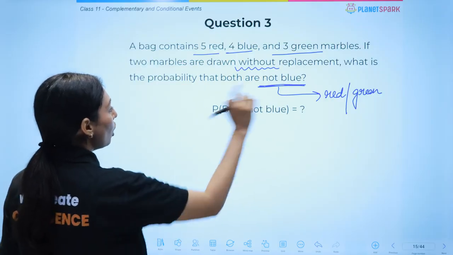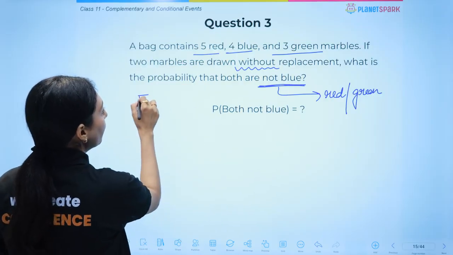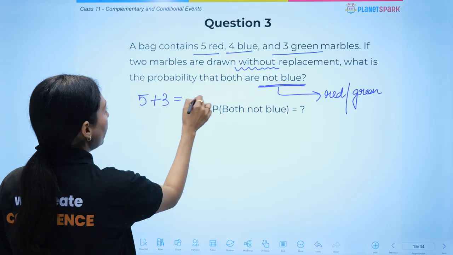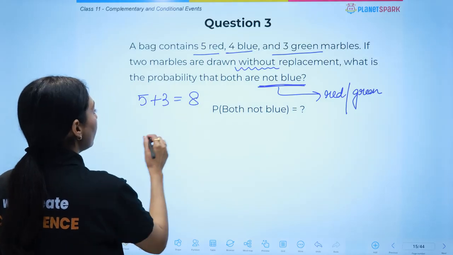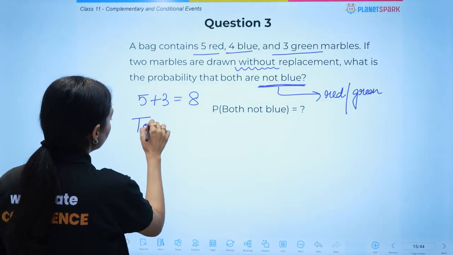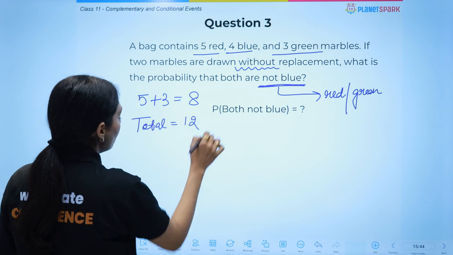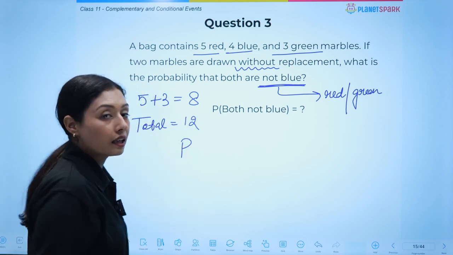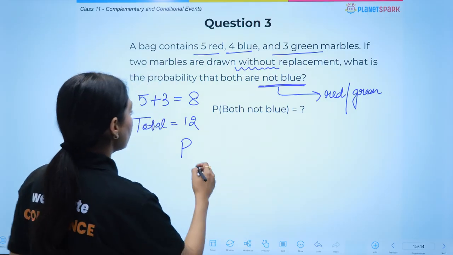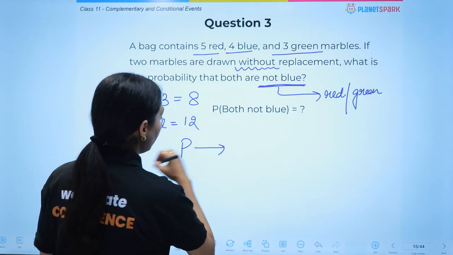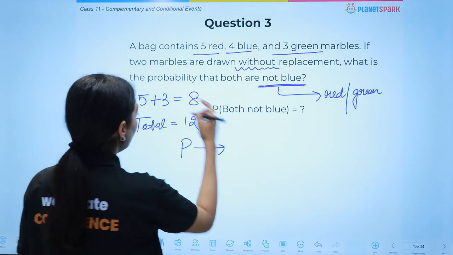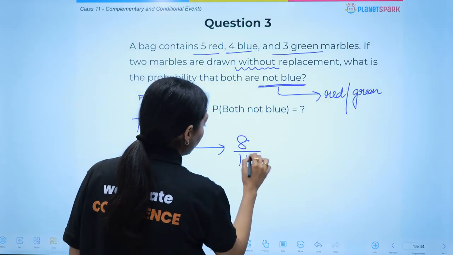So let's do that. How many marbles are not blue? Red plus green, 8. And how many are there in total? 8 plus 4, that is 12. So the probability of getting the first marble that is not blue is 8 over 12.